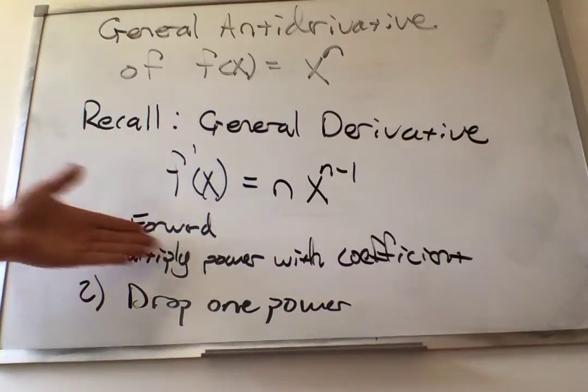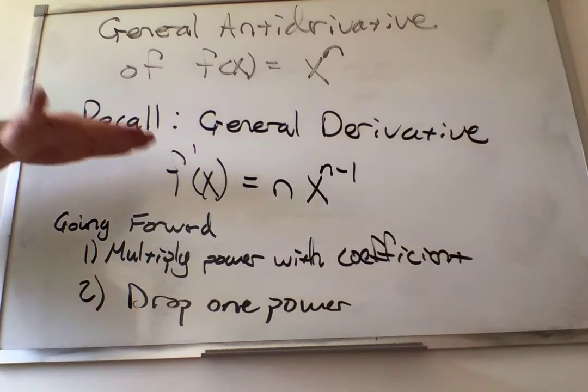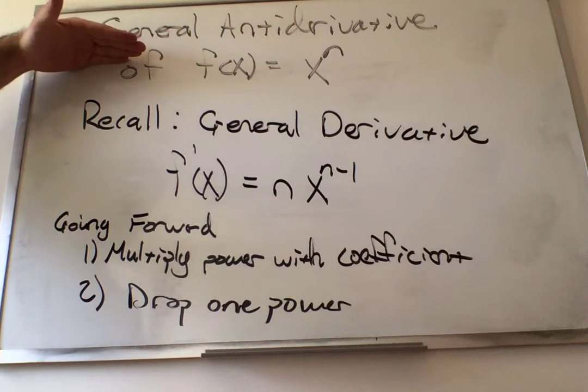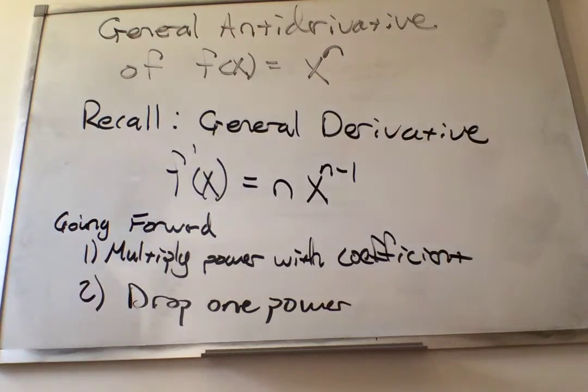That's if we're taking a derivative. So like I said, I think derivatives going forward, antiderivatives going backwards. Now, if we were to go backwards, so we have the derivative, let's get back to the original function. All we have to do is do these steps in reverse. Do them in exactly backwards. Okay?